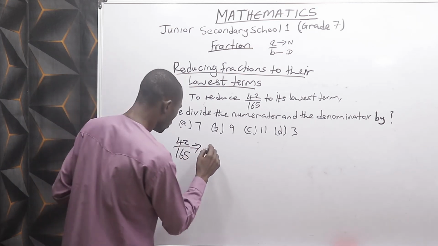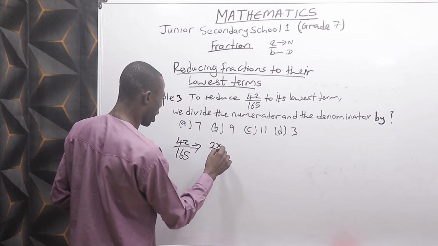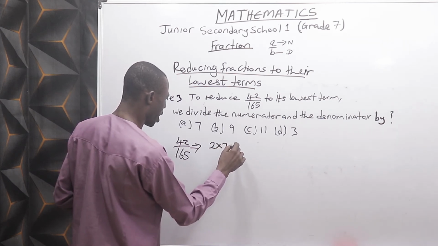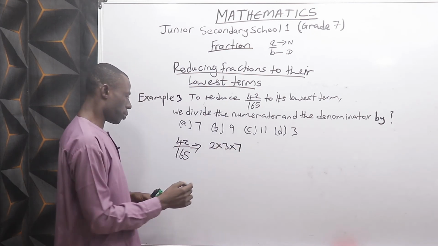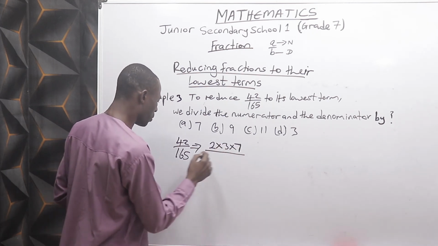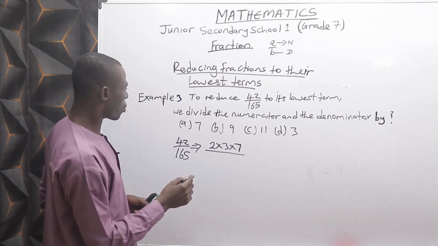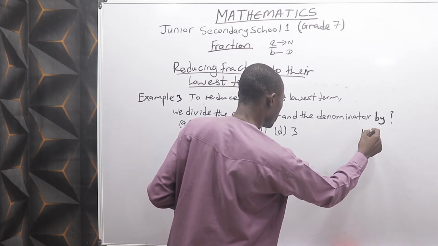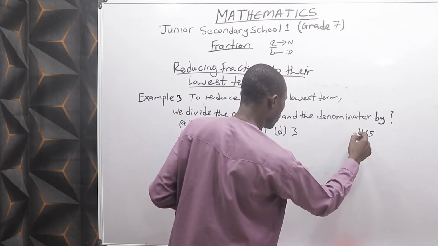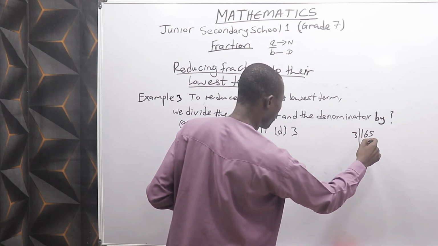So let's break 42 into factors: 2 times 3 times 7. That is the 42. All over, let's break 165 into factors. 3 in 16, that is 5.